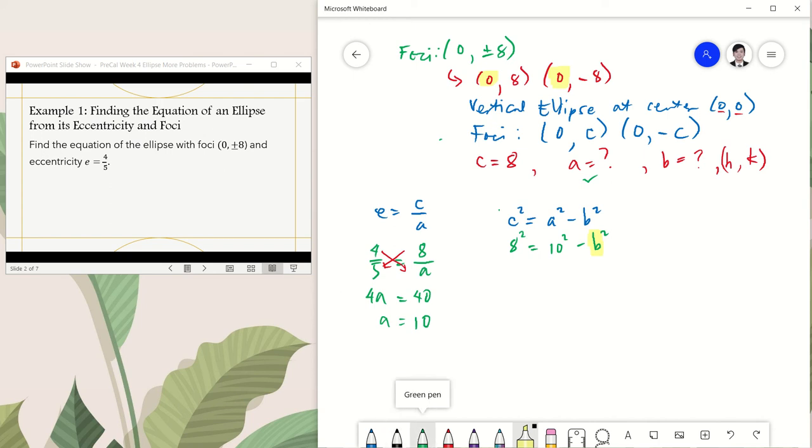So we have to add a negative 10 squared here on the right as well as here on the left. And that will result to negative 10 squared plus 8 squared is equal to negative b squared.